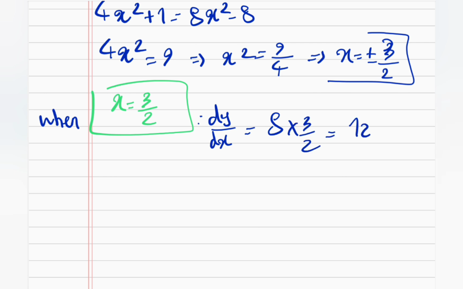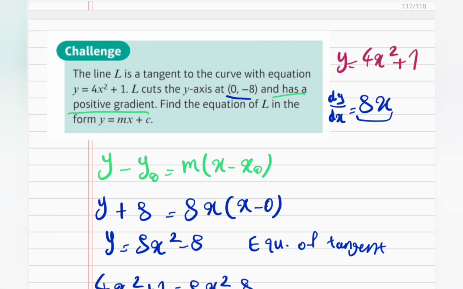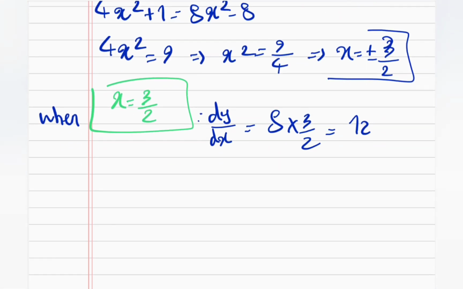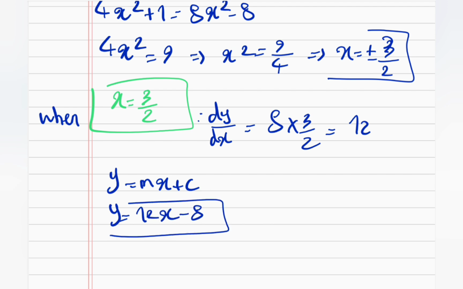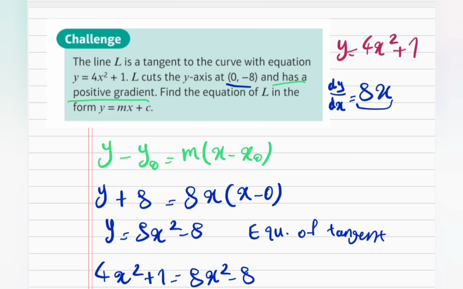So in this case, 12 is the gradient of the tangent, and we can use this to find the equation of the tangent. And that's very simple, right? Because we already know the y-intercept and also the gradient. We can then easily use the form y is equal to mx plus c, where m is equal to 12 and c is minus 8. So this is the equation of the tangent in the given form.